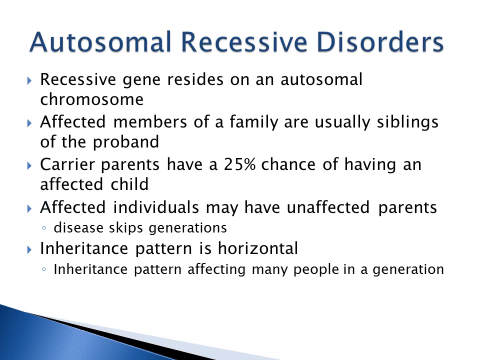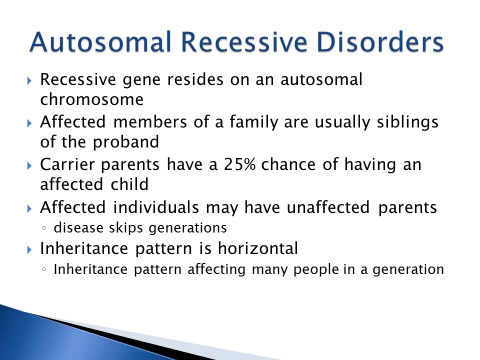Now we're going to discuss autosomal recessive disorders. These disorders are when you have a recessive gene residing on an autosomal chromosome. Affected members of a family are usually siblings of the proband. Carrier parents have a 25% chance of having an affected child. Affected individuals may have unaffected parents. So in other words, in autosomal recessive disorders, the disease can skip generations.